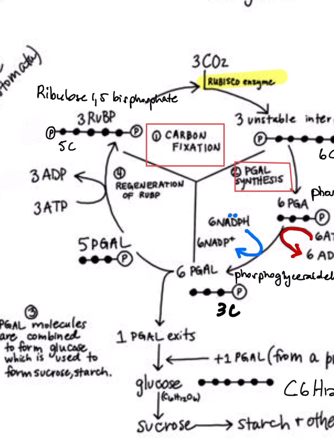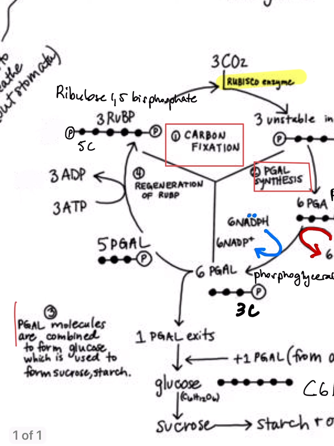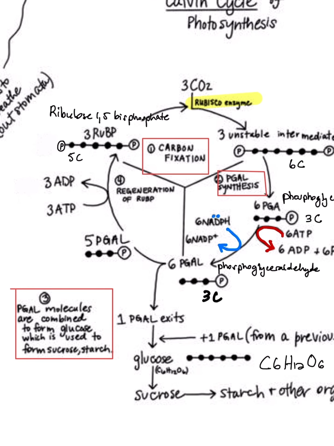So this step 3 that we had here, our PGAL synthesis, is followed by a step here where the PGAL molecules are combined to form glucose, which is then used to form sucrose and eventually starch.